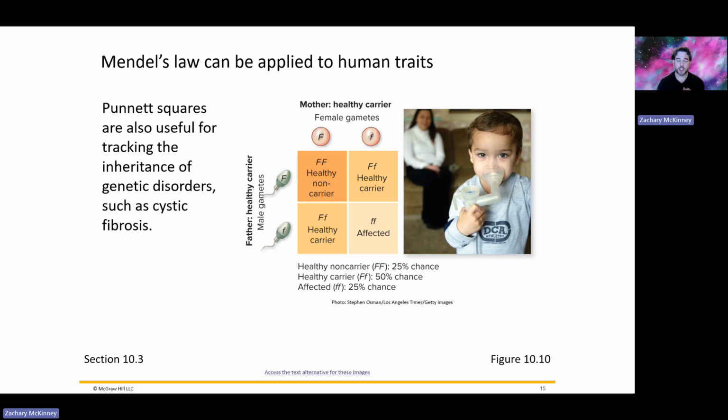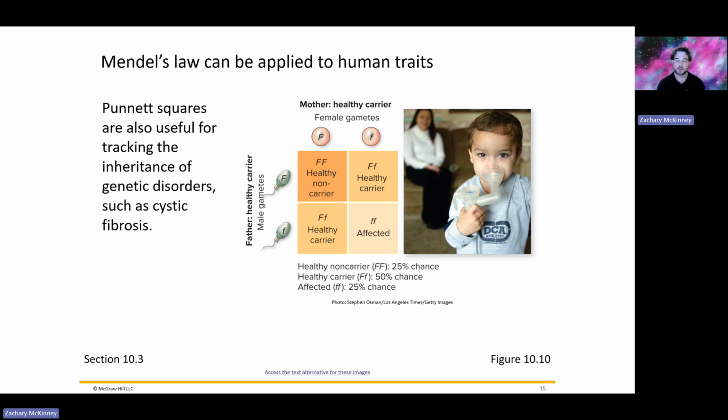This is one of those genetic conditions that is recessive. If you are a carrier for it, you can be what we call a healthy carrier. A carrier for a condition is relevant when the condition is recessive. You have to have two recessive alleles for it, which means that if you have one dominant allele, you're not going to show the condition at all.